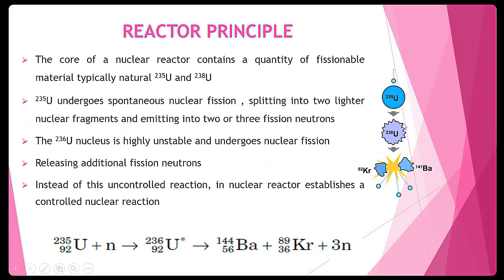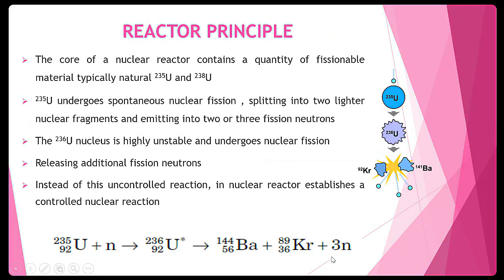This uranium 235 will undergo nuclear fission and split into two or three fission neutrons. Uranium 235 will convert to uranium 236, which is unstable and will undergo nuclear fission, producing krypton and barium.